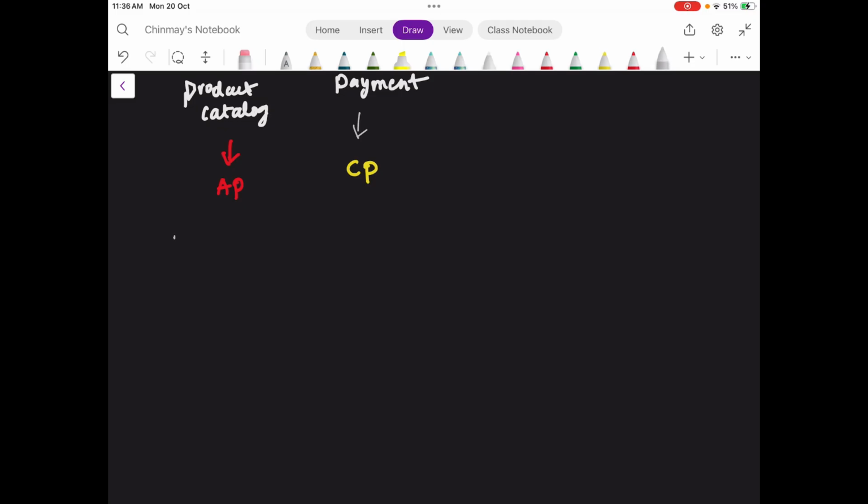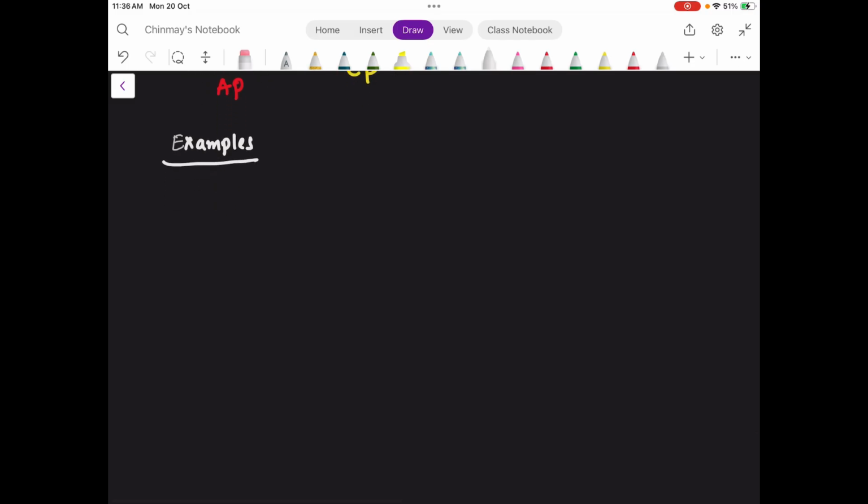We'll discuss examples. The first example for the CP system is MySQL in cluster mode.